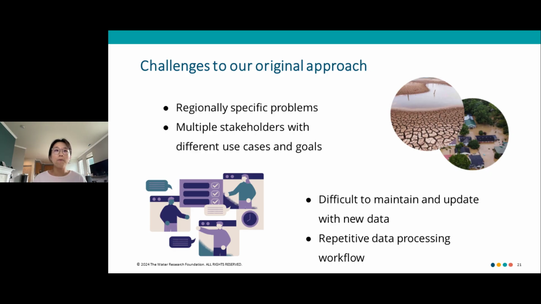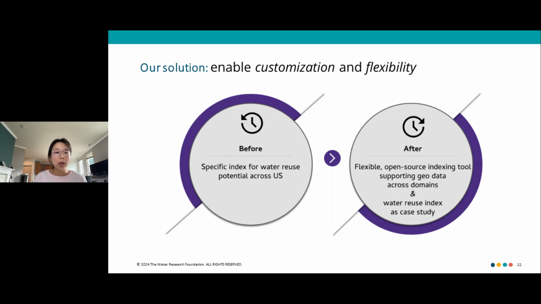Now, if we consider this background and move on to the next slide, we came up with a general solution to this problem. Instead of creating a specific index for water reuse potential across the US, we aimed at creating a flexible and open source indexing tool that supports geospatial data across domains.